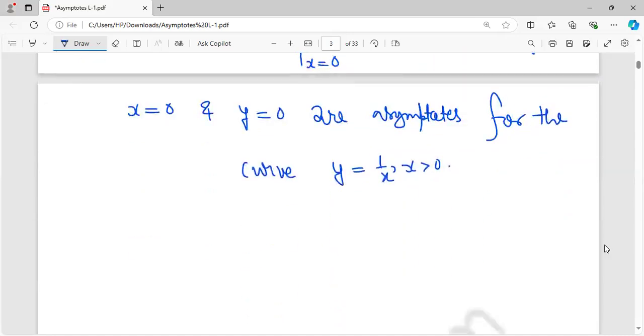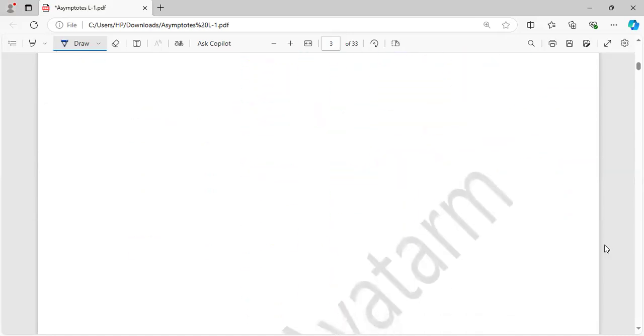Now you take this example, the third example. So I am taking this example: x square minus y square is equal to a square, where a is greater than 0.